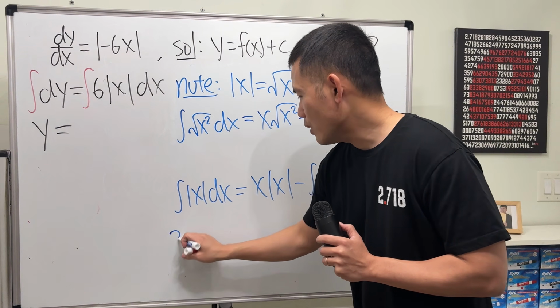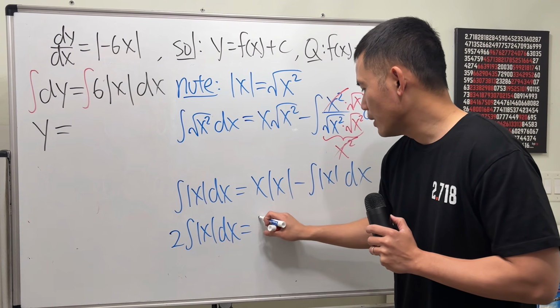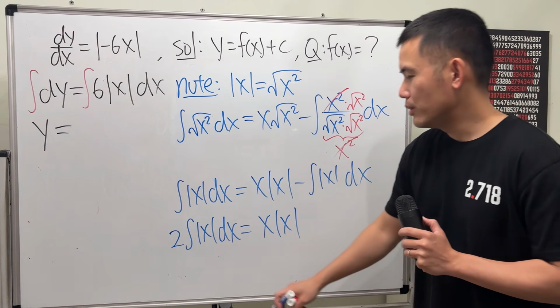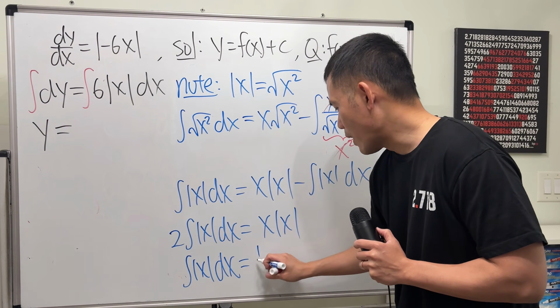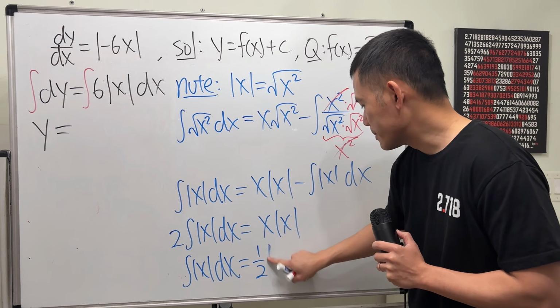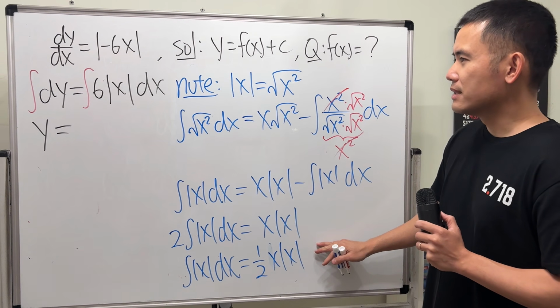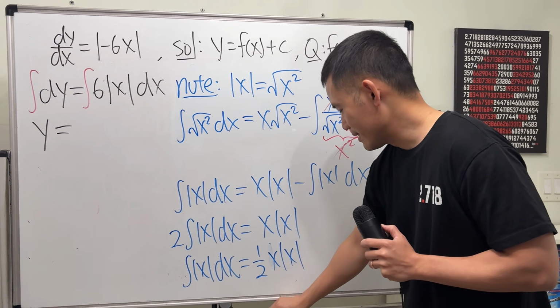So we will get 2 of the integral of absolute value of x. That will be equal to x times absolute value of x. And then divide both sides by 2. Integral of absolute value of x dx equals 1/2 x times absolute value of x. And you can put on the plus c right here, but doesn't really matter. I'm going to come back here and do it.